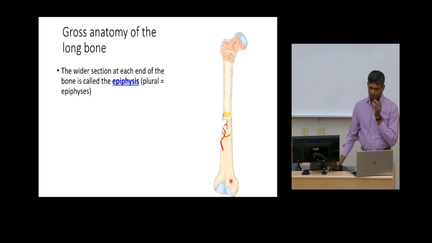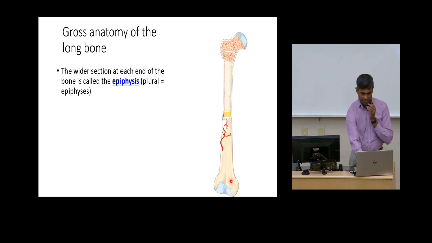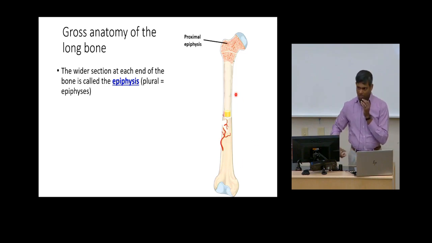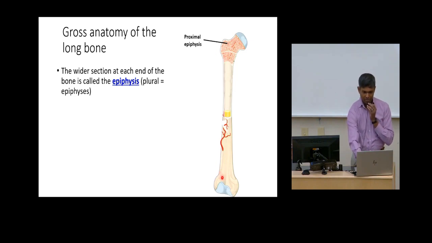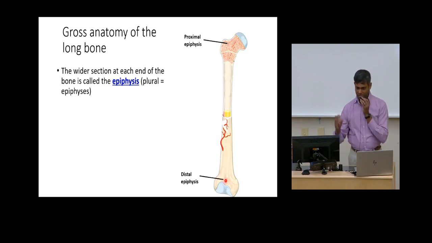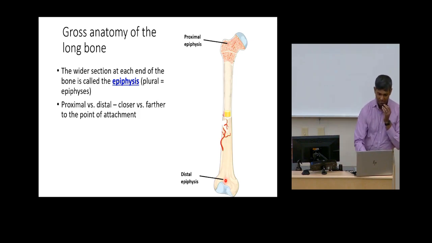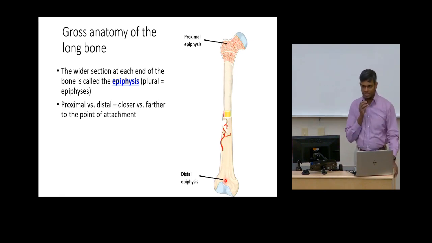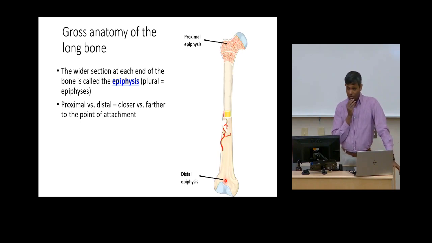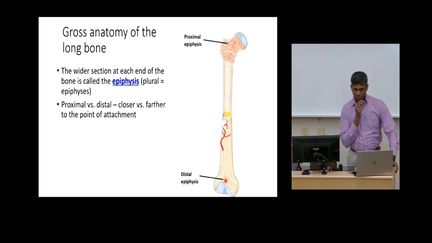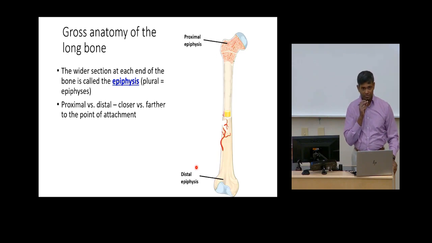The part of the epiphysis which is closest to the central axis of the body is called the proximal epiphysis, whereas the part further from the central axis of the body is called the distal epiphysis. The terms proximal and distal are used very often in anatomy to describe the location of something: closer to the point of attachment is called proximal, whereas distal means further from the point of attachment.